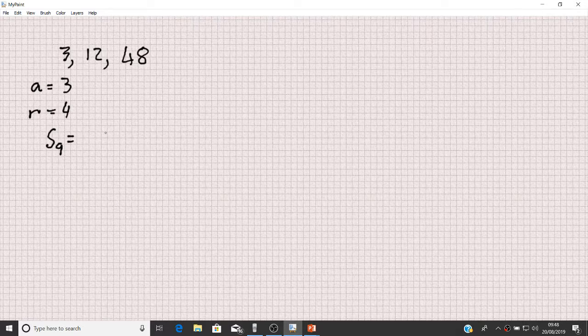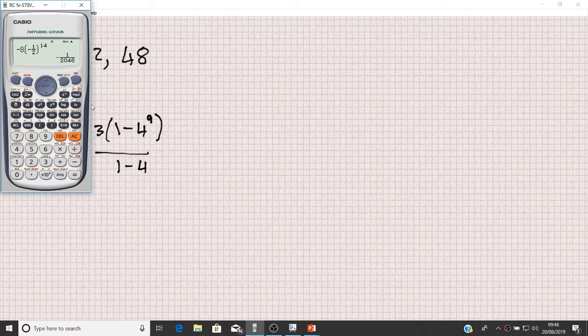So the formula we'll use for summing a GP is A, which is 3, times 1 minus R to the power of n, which is 1 minus 4 to the power of 9, all over 1 minus 4. Now we could have written that with 4 to the power of 9 minus 1 over 4 minus 1. The negatives will cancel each other out. So let's take up the calculator and have a look at that one. We'll clear what's on it.